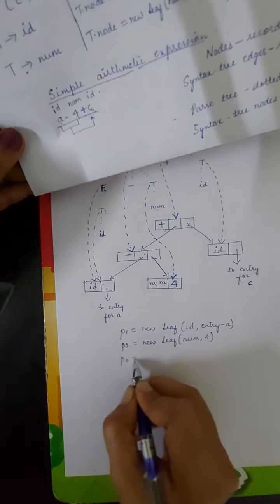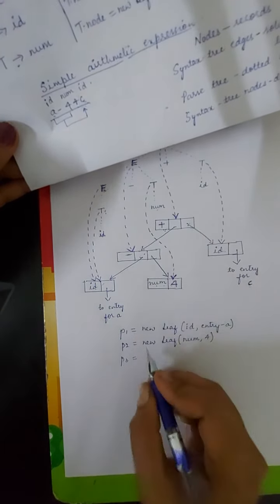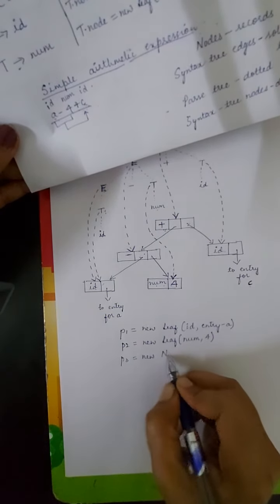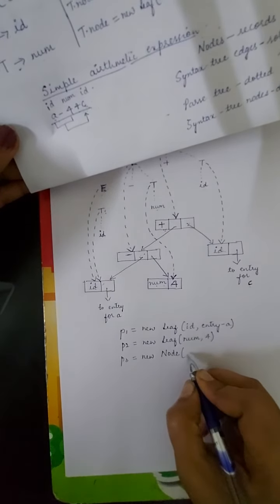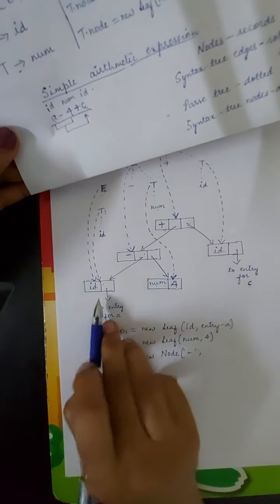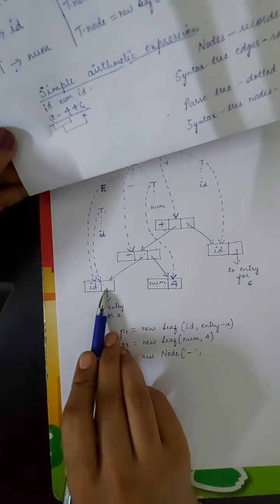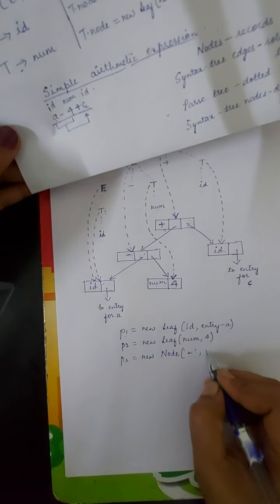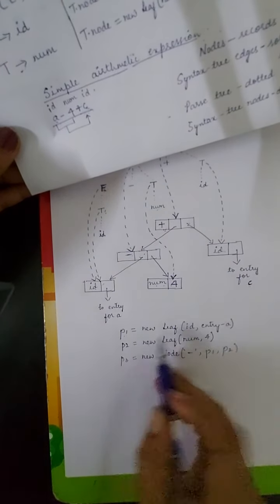What is P3? P3 now is this object. Okay, it is an interior node. So that is represented using this constructor function for this object. New node of minus, the first additional field, entry for first additional field which is P1, this object, right? So I write P1 for this comma P2 for this one.